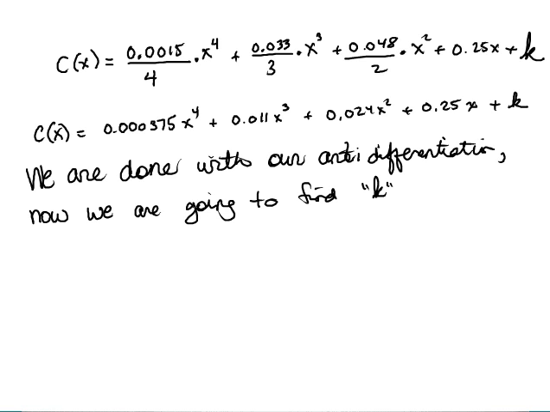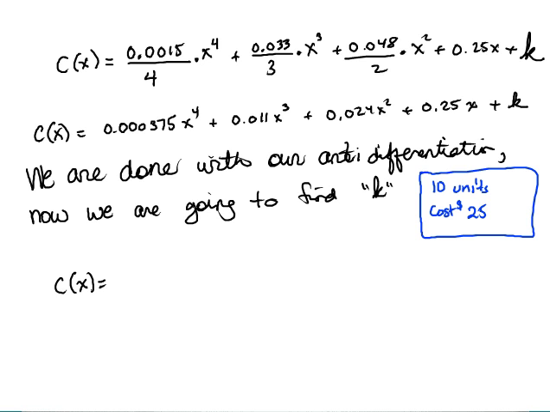And if we didn't have our initial condition, we couldn't know. But we do have an initial condition. Our initial condition was 10 units cost $25. That is telling us the total cost. In fact, let me write this function here.